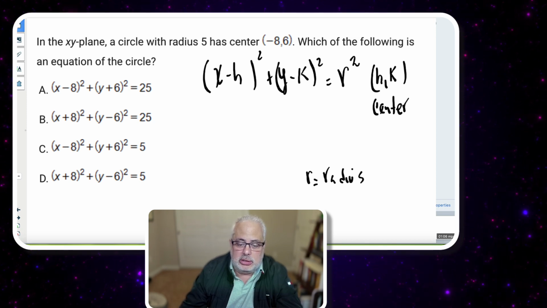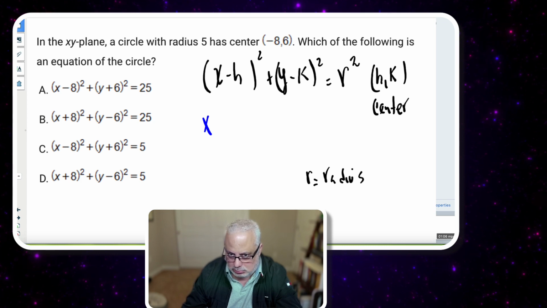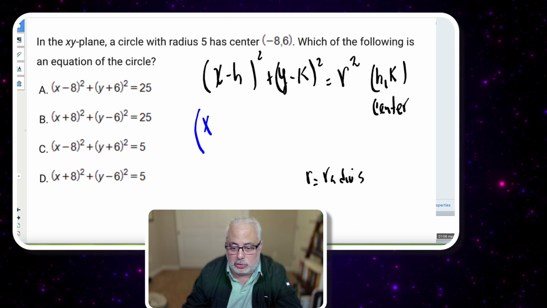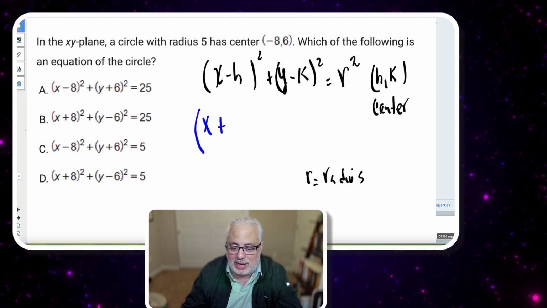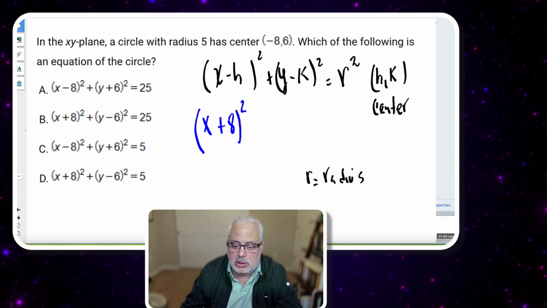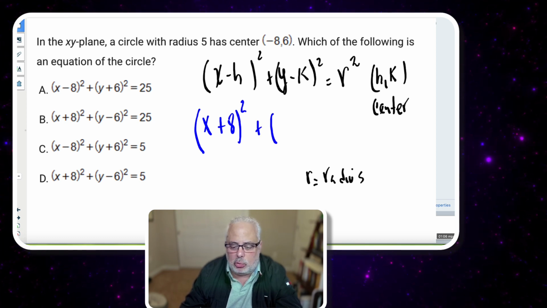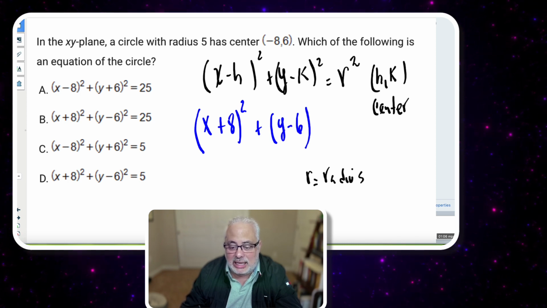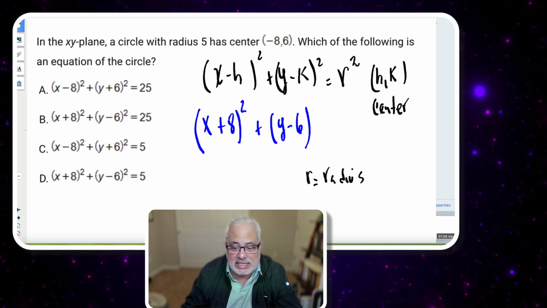So the equation will be x minus -8. Keep that in mind. We have a minus from the formula and a minus from the x. That minus and minus becomes positive 8 to the power of 2, plus y minus 6. Y minus 6 because k is 6. h is -8.